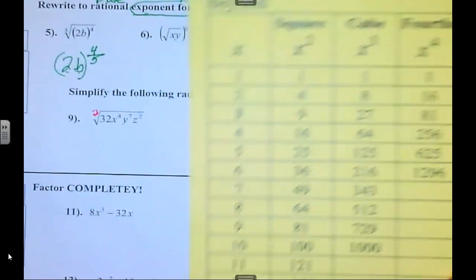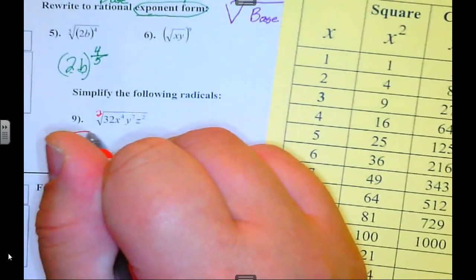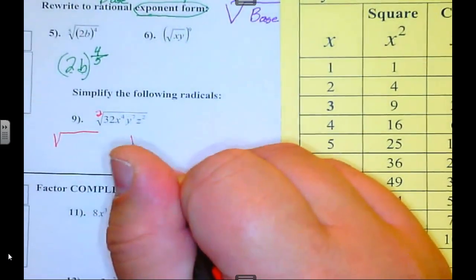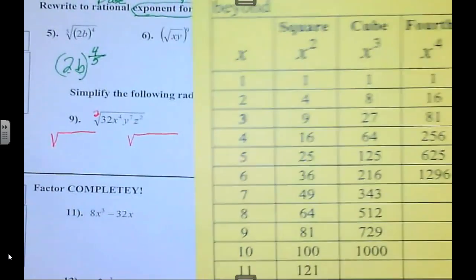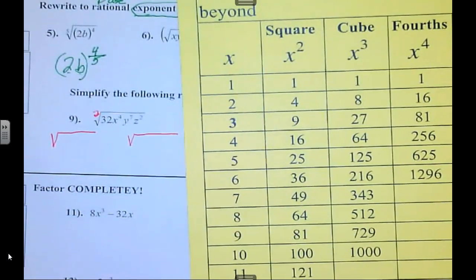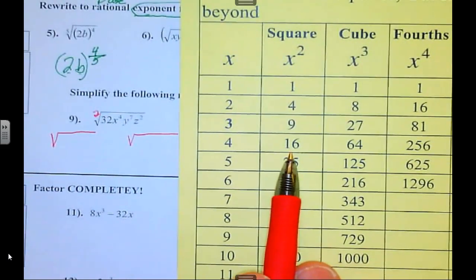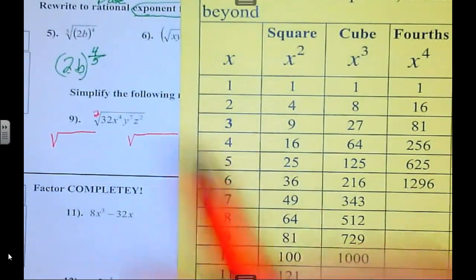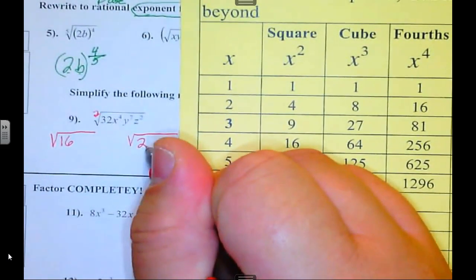So we're going to have to split this up into perfect squares times imperfect squares. The largest perfect square that's a factor of 32: 16 times 2, right? 16 is a perfect square. 2 is not.